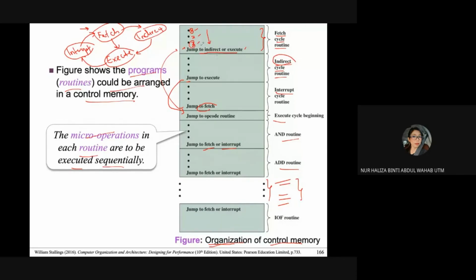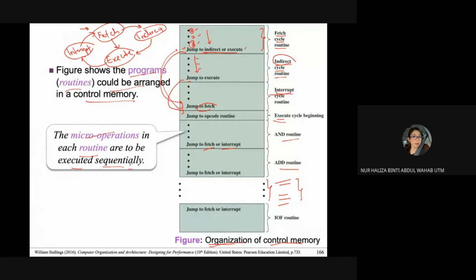In indirect, for example, you can jump to your fetch without going through execute first, or without going through indirect, or without going through execute, you can jump to interrupt first, to indirect first. So you can jump and skip operations, but inside your operation you need to do it in sequence.